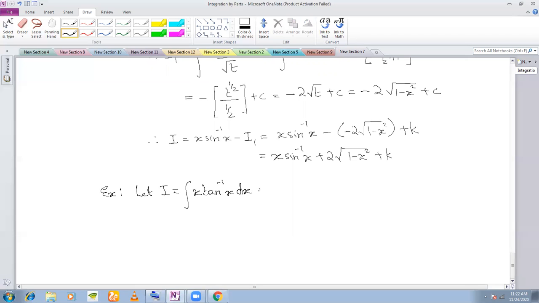dx. So this is again, which one should I take as my first function? x should be my first function. Sorry, tan inverse x should be my first function. So tan inverse x integral x dx minus the integral of the derivative of tan inverse x into the integral of the full thing dx.